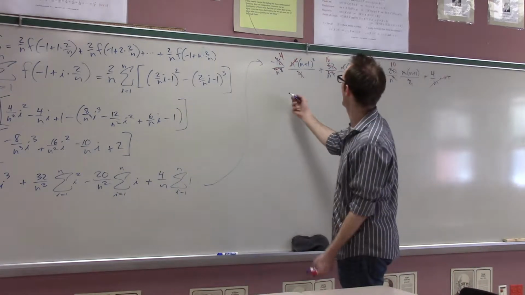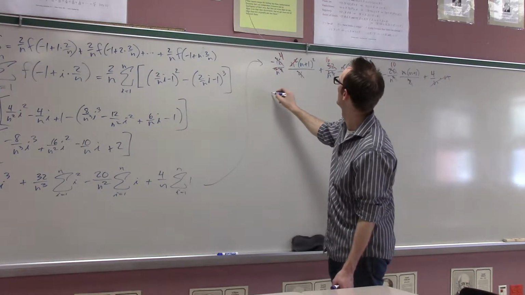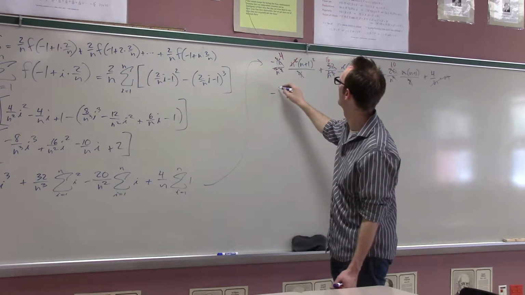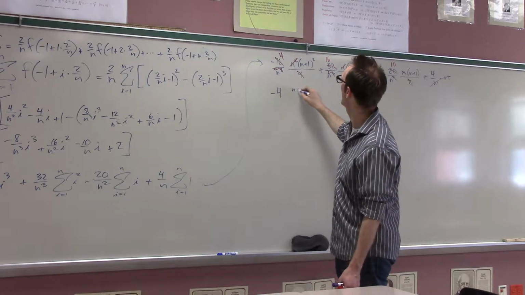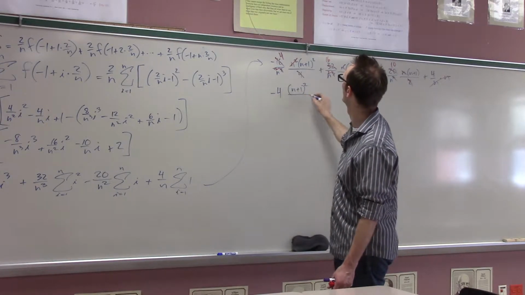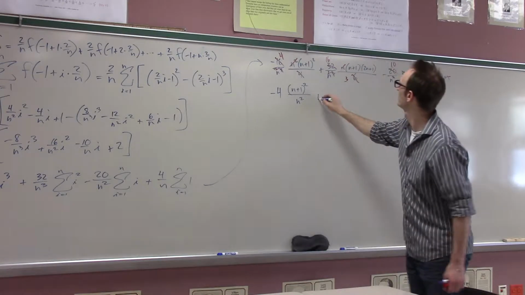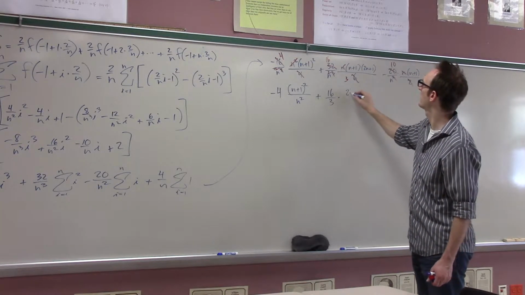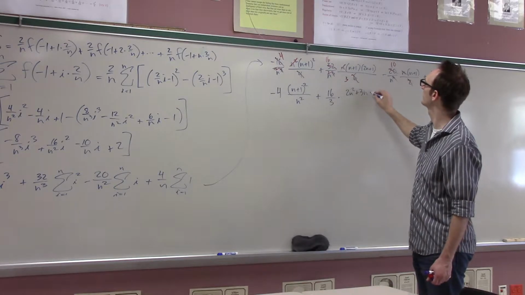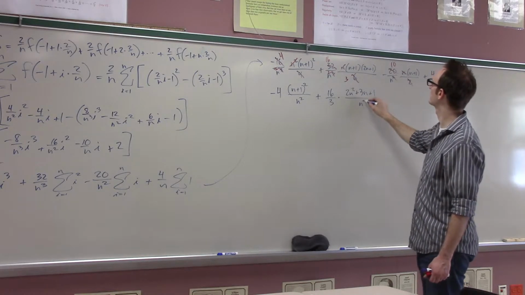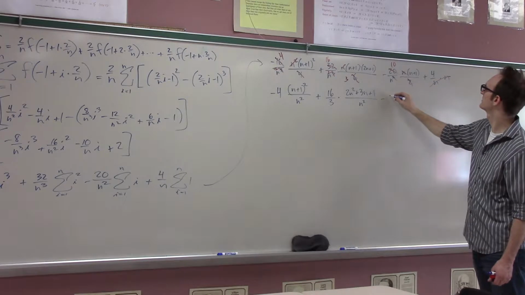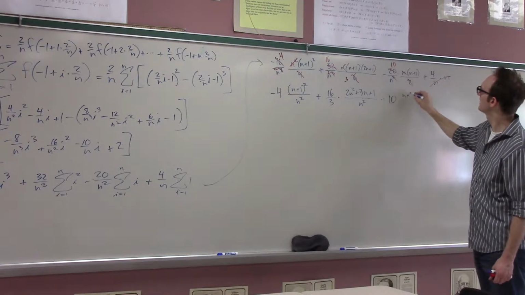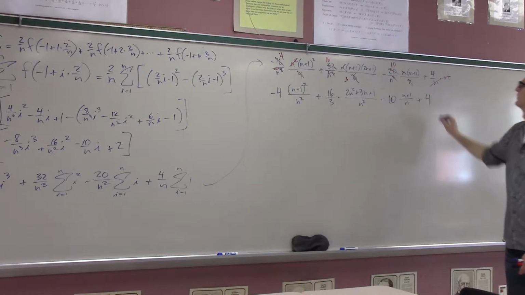So my final expression is negative 4 times (n plus 1) squared over n squared, plus 16 thirds times (2n squared plus 3n plus 1) over n squared, minus 10 times (n plus 1) over n, plus 4.